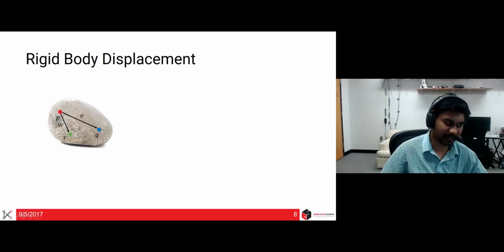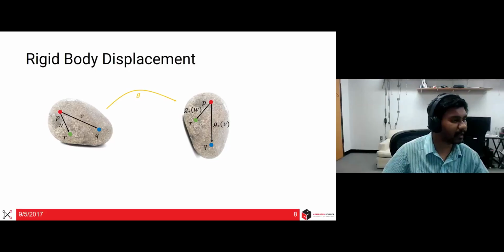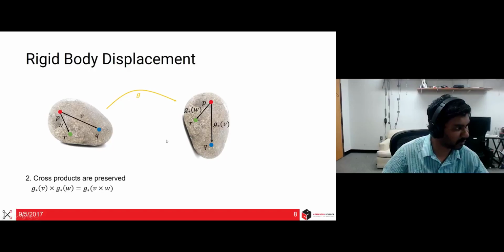Now let's consider 3 points, the same 2 points P and Q as before, and we also consider point R. The vector between P and Q will be denoted by V, and the vector between P and R will be denoted by W. And we do the same transformation G, which is linear or not, and the vectors are going to be G star V and G star W. So the second main criterion is that the cross products have to be preserved, or that the normal to the plane of all these 3 points has to be preserved, which is denoted by this equation on the slides.